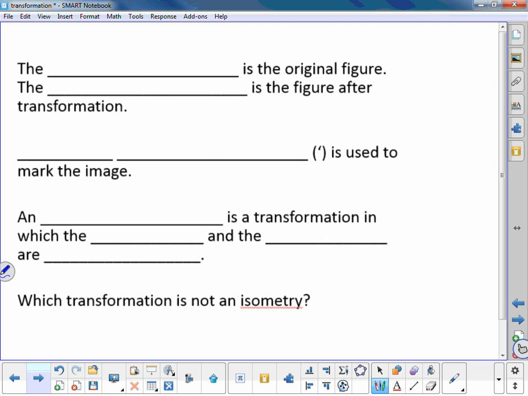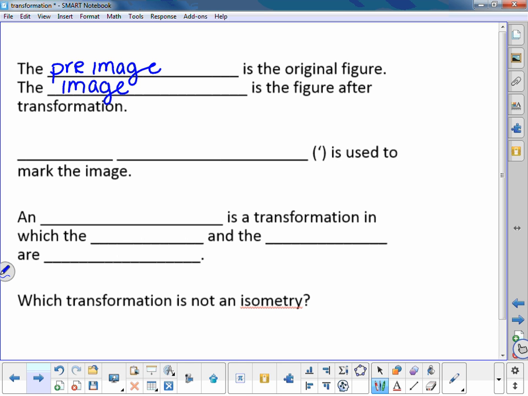So, in a figure, when you're talking about turning or rotating, you're going to have two figures. You're going to have the original figure and then the figure once you rotate it, flip it, and things of that nature. So, your pre-image is the original image, and your image is the image after you do the transformation. Remember, pre counts before you do all the flipping.